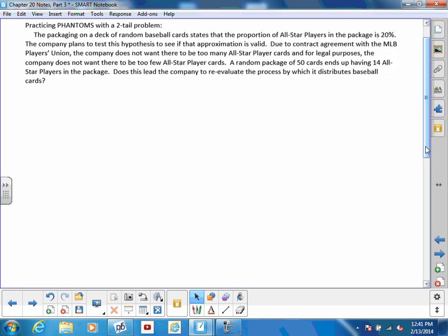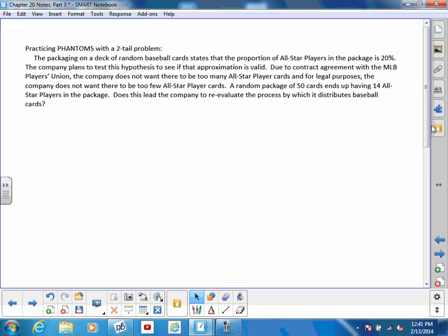The packaging on a deck of random baseball cards states that the proportion of all-star players in the package is 20%. Now, one little detail that I have to fix, and I realized this during second period because I made this problem yesterday. This is not what I intended this problem to be about.